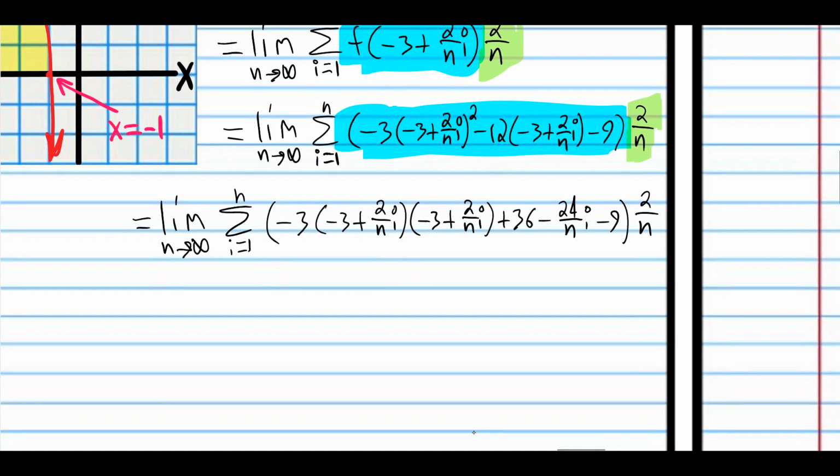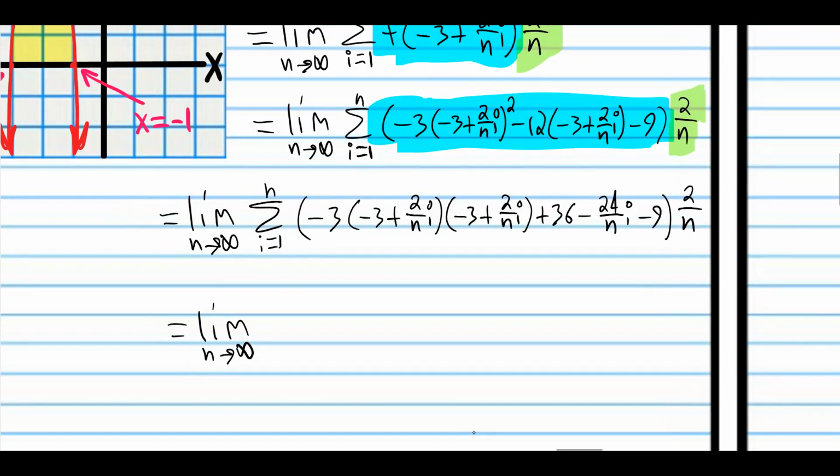So, continuing to simplify, if we use FOIL, we get the following, and I'm just going to rush through this, add the inner terms. We get negative 6 over ni minus 6 over ni, which is negative 12 over ni.